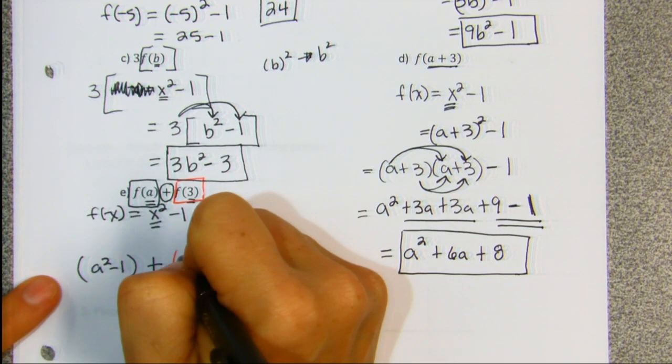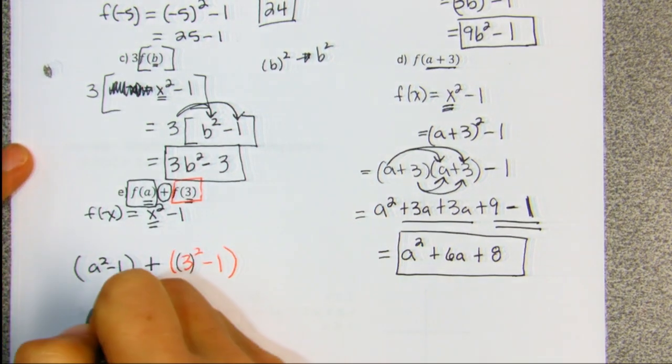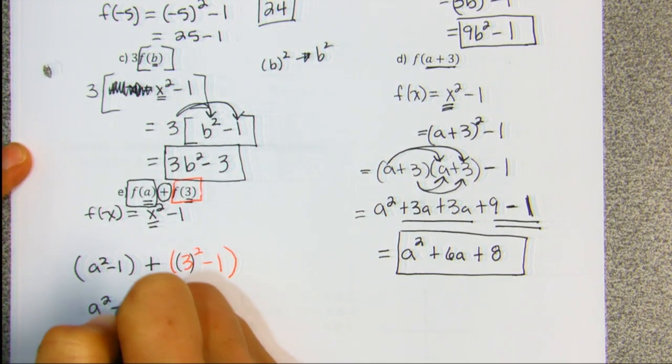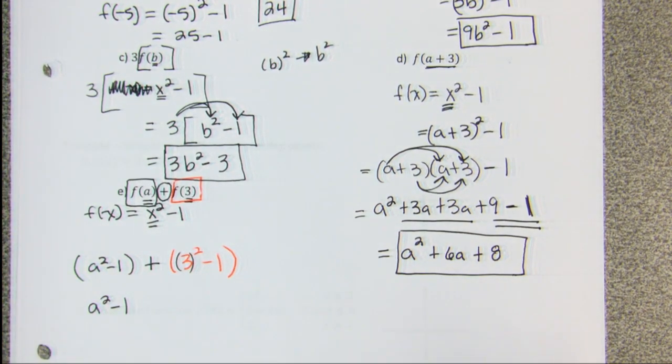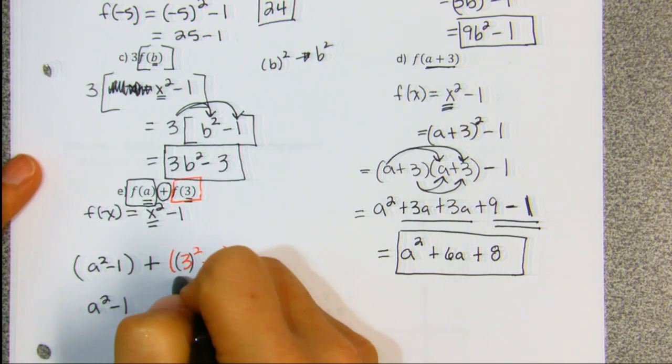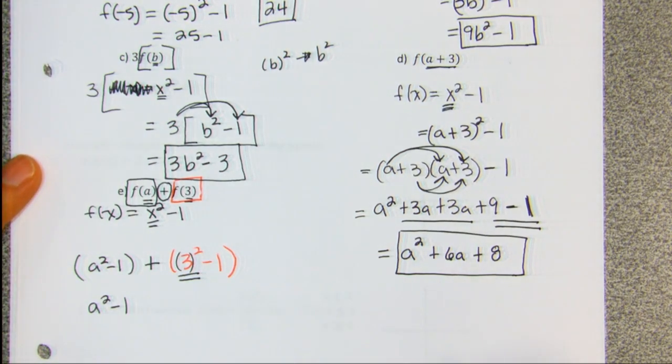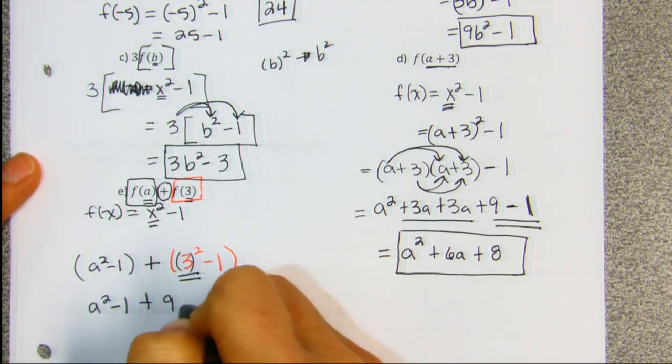So I can't really simplify that, but I can remove the parentheses, can't I? There's nothing really happening, but I can come over here and simplify. What's 3 squared? 9. So let's just say 9 and bring down minus 1.